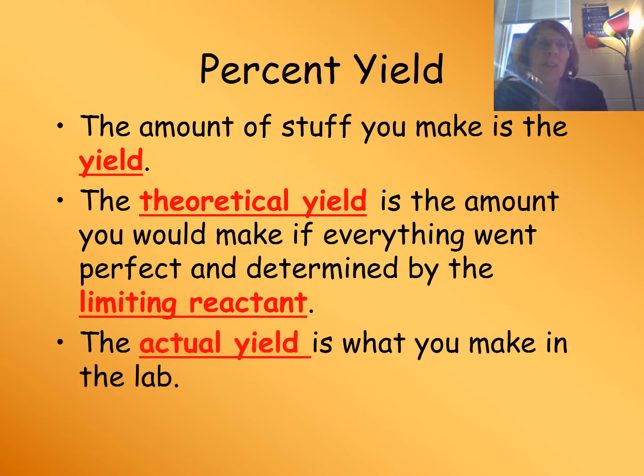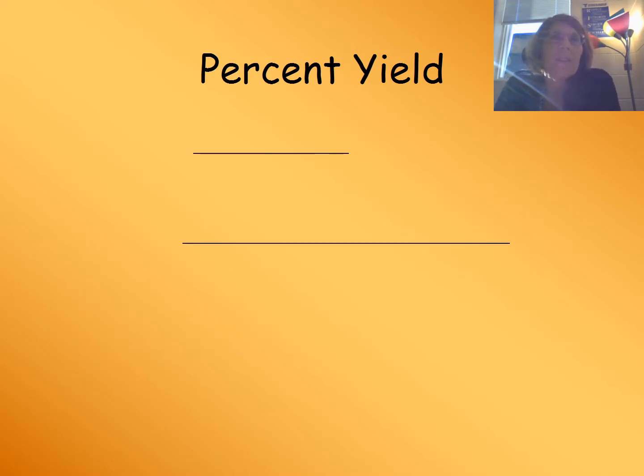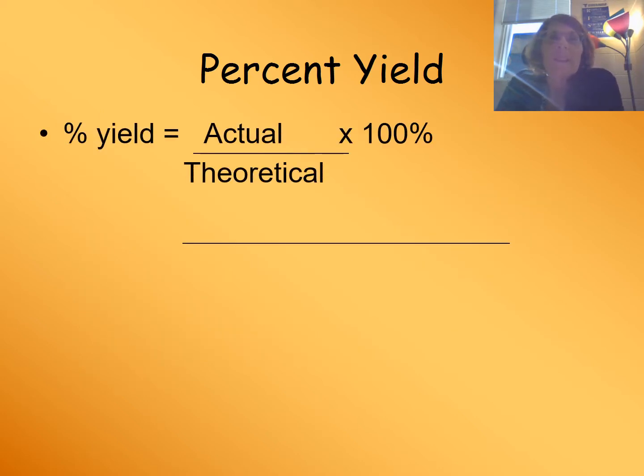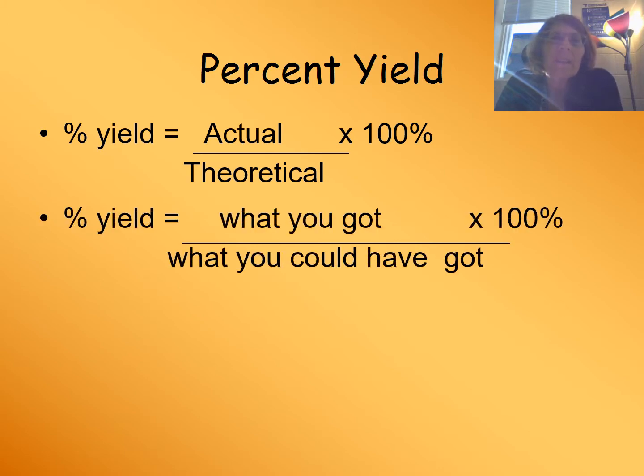Your actual yield is what you actually make, and this is due to runoff or that you lose some due to just regular production reaction stuff. So your percent yield is your actual divided by theoretical. So percent yield is what you got divided by what your limiting reactant is, what you should have got.